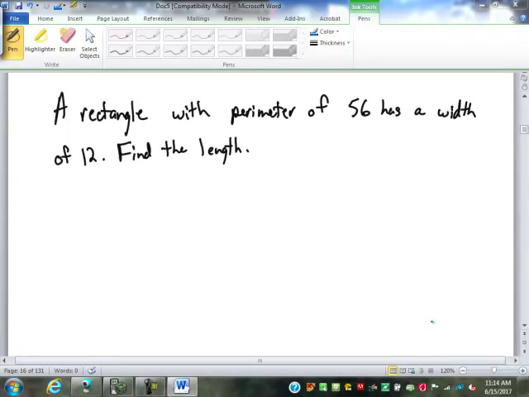So let's see how you did. Of course, the formula here, perimeter is equal to 2 times the length plus 2 times the width. Do we know P? 56. 2 times, do we know L? No. No, L is what we're looking for here. Find the length.